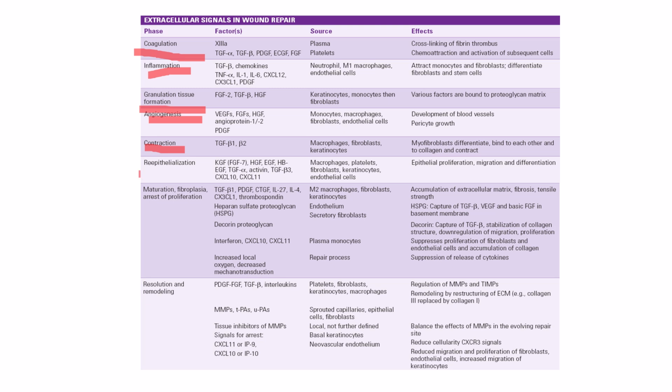Then there is reepithelialization, and the factors required are keratinocyte growth factor or FGF7 and hepatocyte growth factor, epidermal growth factor, HB-EGF, TGF alpha, activin, TGF beta 3, CXCL10 and 11, and their sources are macrophages, platelet, fibroblast, keratinocyte, and endothelial cell.